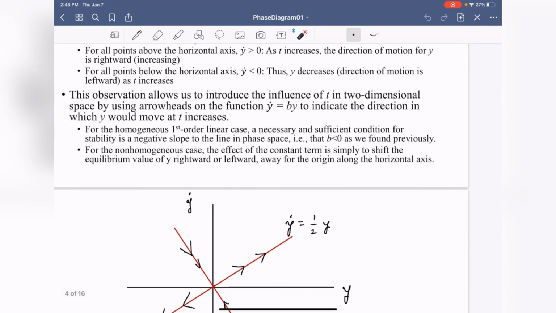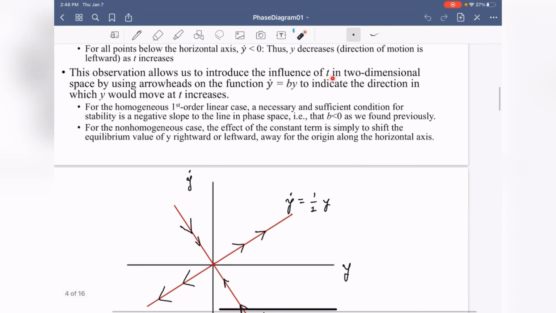This observation allows us to introduce the influence of t, time, in two-dimensional space by using arrowheads on the function y dot, dy/dt equals by, to indicate the direction in which y would move as t increases. For the homogeneous first-order linear case, a necessary and sufficient condition for stability is a negative slope to the line in phase space.